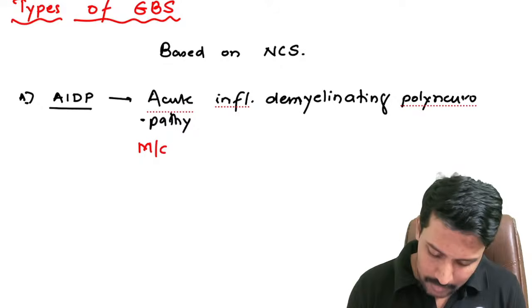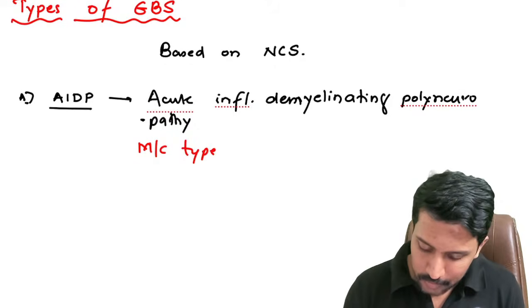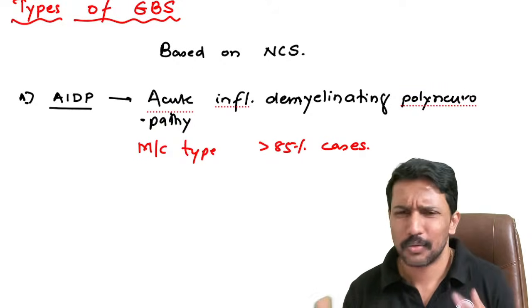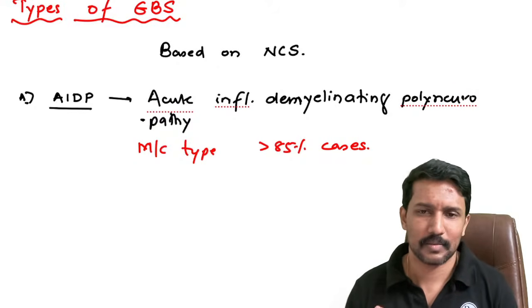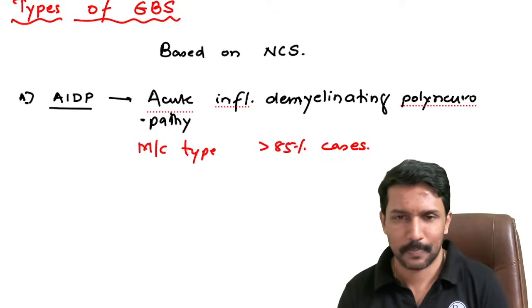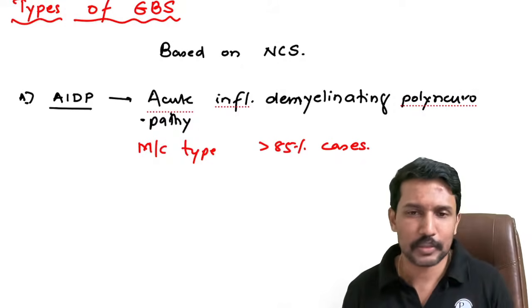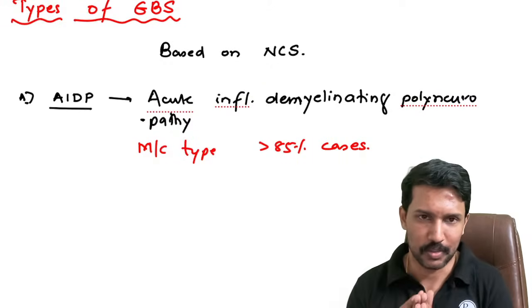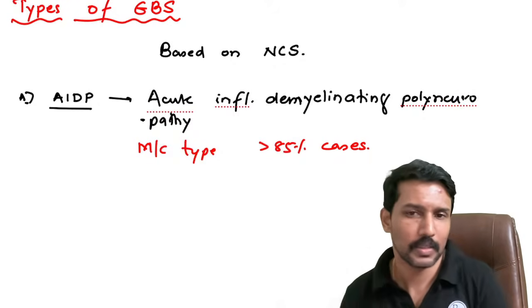This is the most common type, accounting for more than 85% of cases. That's why during general discussions, your teachers might say GB syndrome is a demyelinating disorder. In general terms, it's fair, but technically GB syndrome is either demyelination or axonal injury. AIDP is a demyelinating type of GB syndrome.